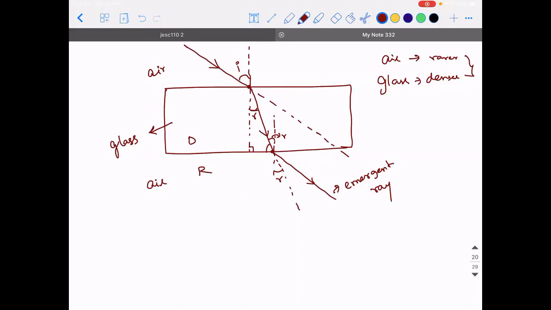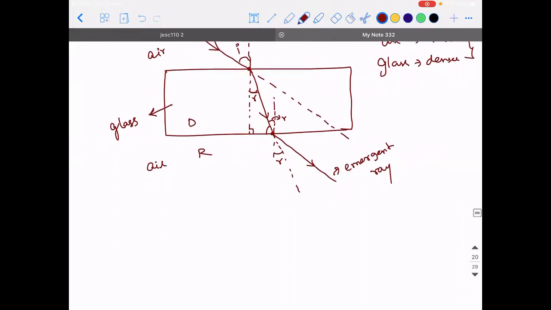So this angle is called the angle of emergence. Any doubt till this step? It's called the angle of emergence. Any doubt till this step, guys?